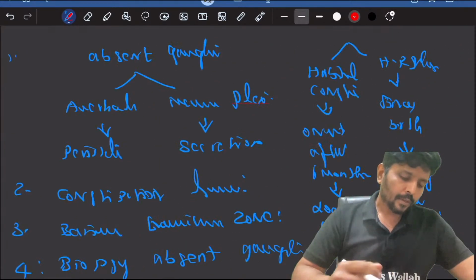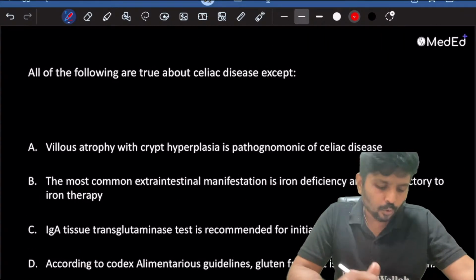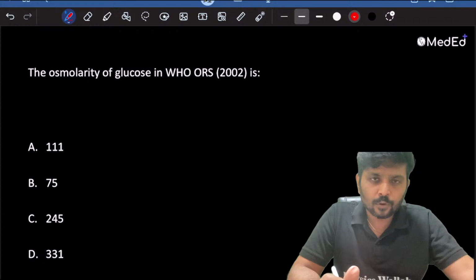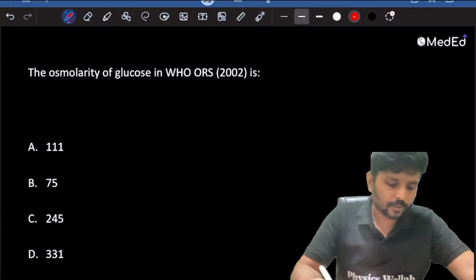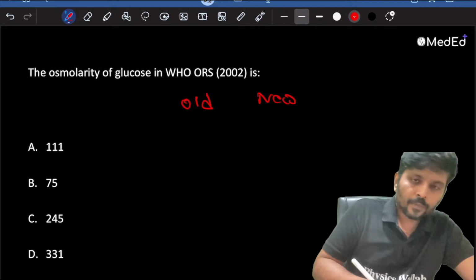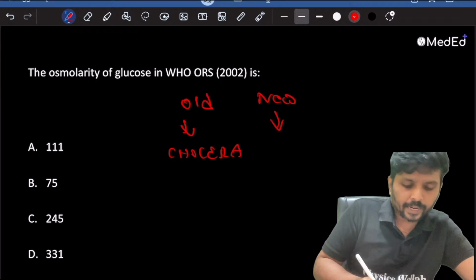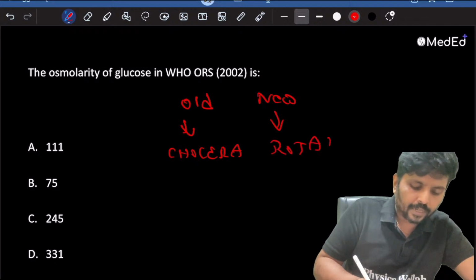Right? Then the osmolality of glucose in WHO ORS. So you have old ORS and new ORS. Old ORS was mainly meant for cholera, whereas new ORS is mainly meant to treat rotaviral diarrhea.